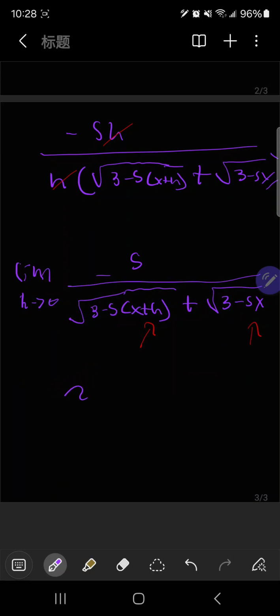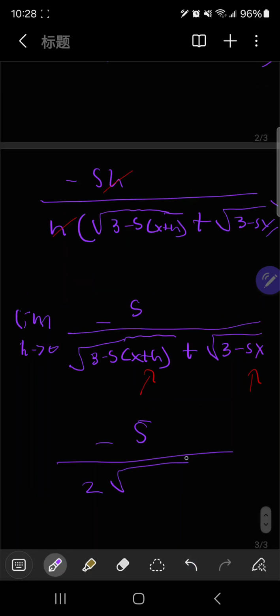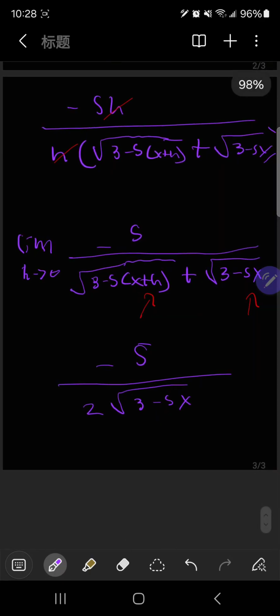So we're just going to be left with negative 5 over, and we have 2 of those. It's going to be just the root 3 minus 5x. You see, because when you plug in a 0, it's just going to be 3 minus 5x, and then we have another 3 minus 5x. So we're just plugging in for the h.